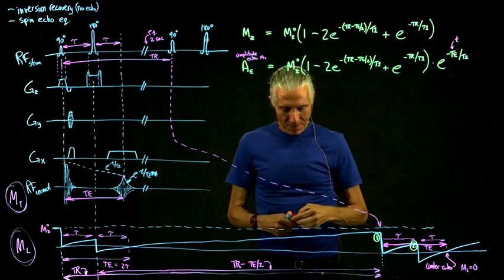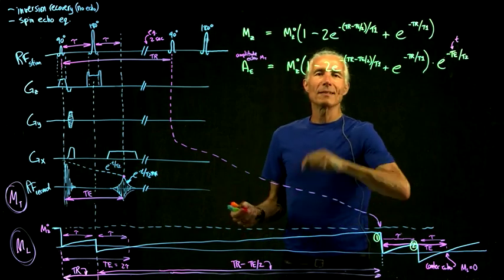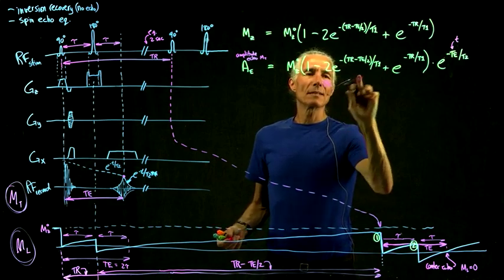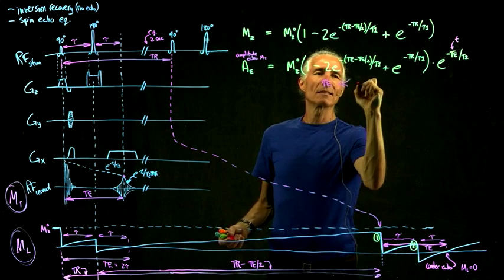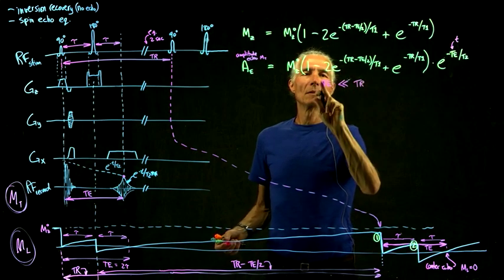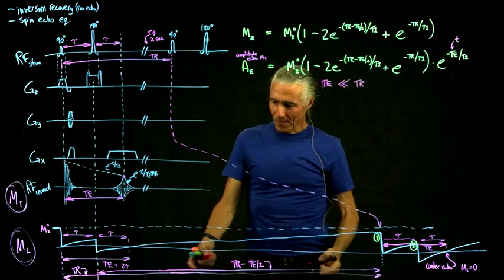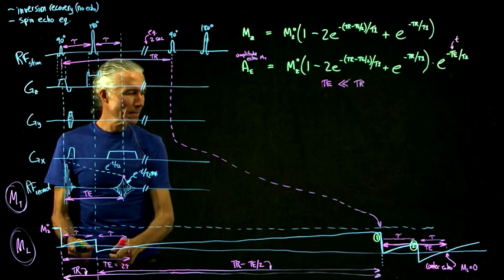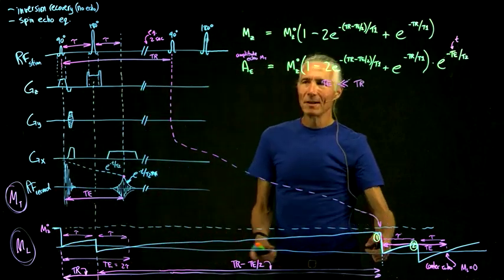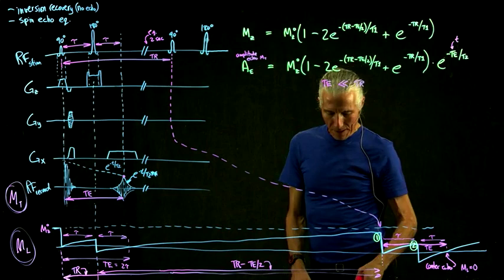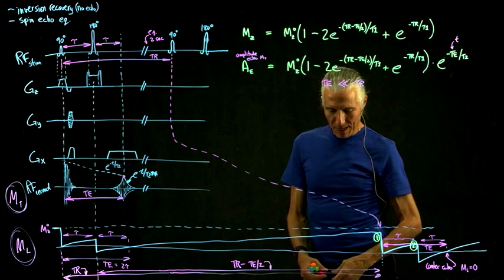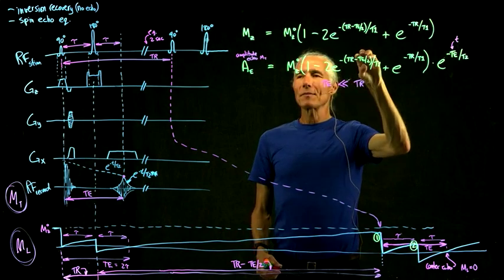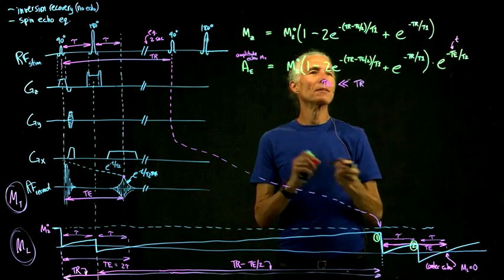If we assume that the TE is a lot less than the TR, and that's generally true, the echo time is like a tenth or a 20th of a second, and then we've got like 3 seconds or something for the TR, then we can just throw out this guy.